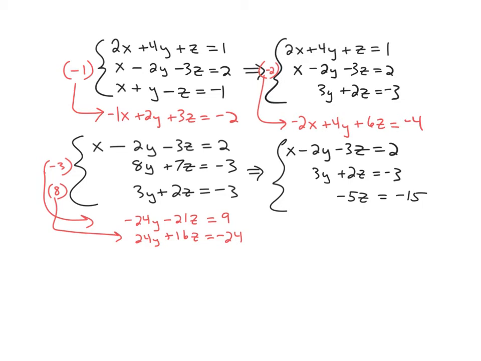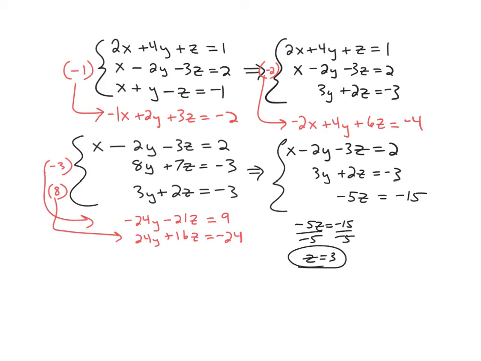So looking at this equation, I can solve for z very easily. I would say negative 5z equals negative 15, divide by negative 5, and I get z equals 3.